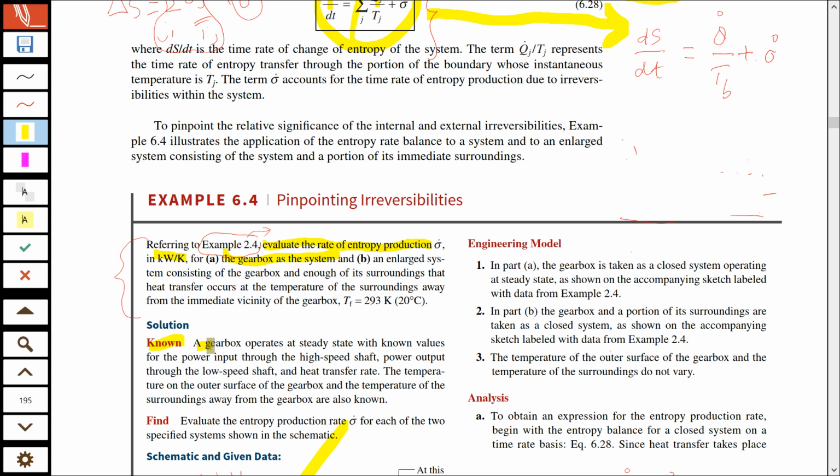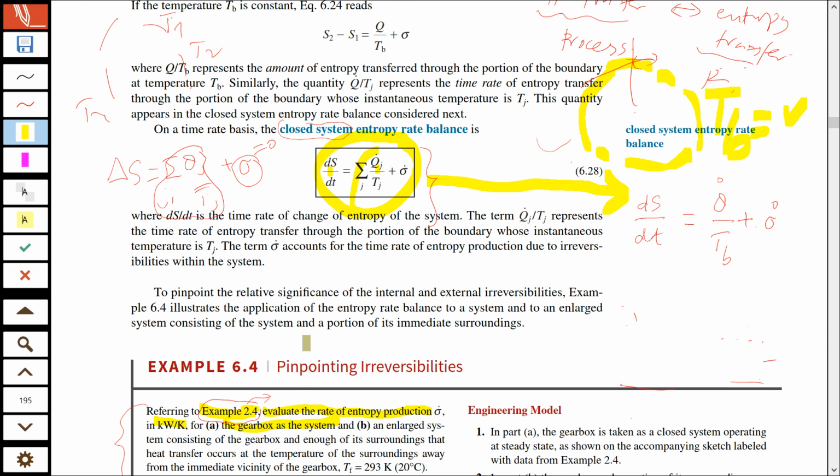What is known here is that the gearbox operates at steady state. Now this steady state must have been mentioned in example 2.4. So we just incorporate this steady state thing here. Steady state means that all the properties must not change with time. So in this equation, which term must be zero?